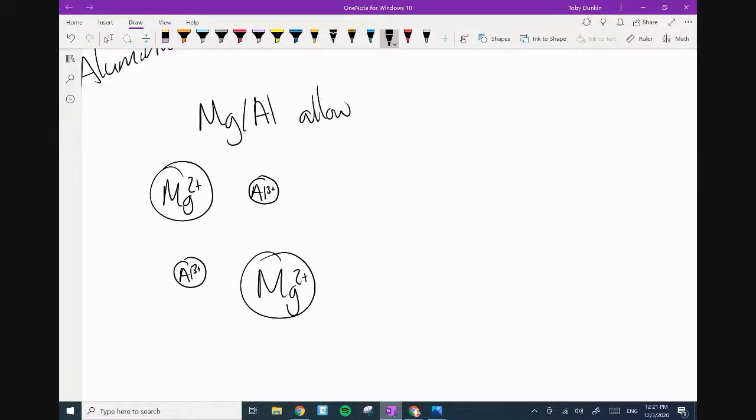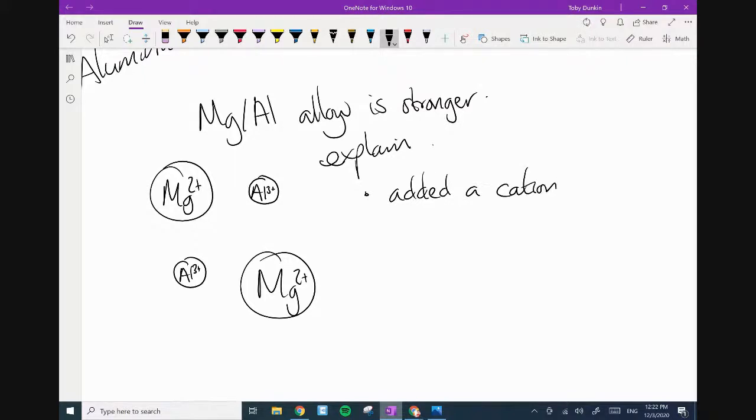alloy is stronger. They're going to ask you to tell them why. Explain. And you would say, added a cation of higher charge, Al3+.